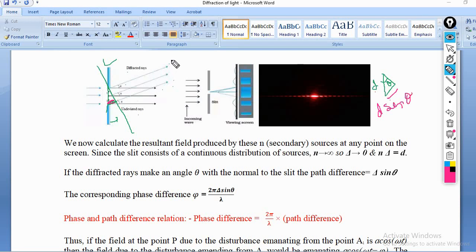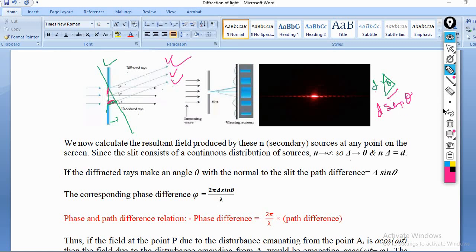If you are considering the first ray and the last ray, the path difference will be D sin theta. Now if you are considering n number of secondary sources with a gap of delta, then the gap between the first and second will be represented by delta sin theta, because this distance is delta.